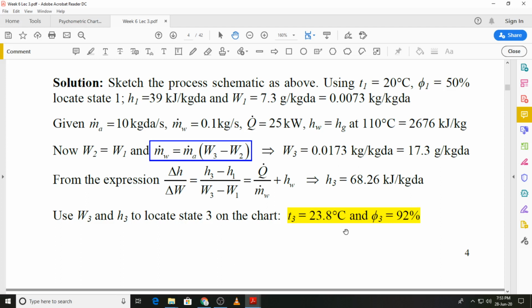That is T3 is 23.8 degrees C and phi 3 is 92%.